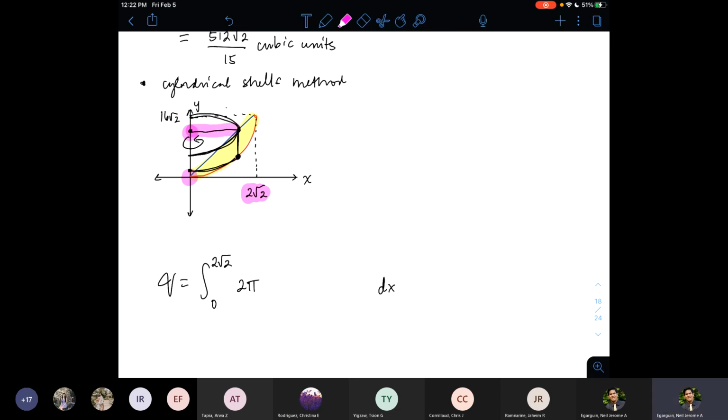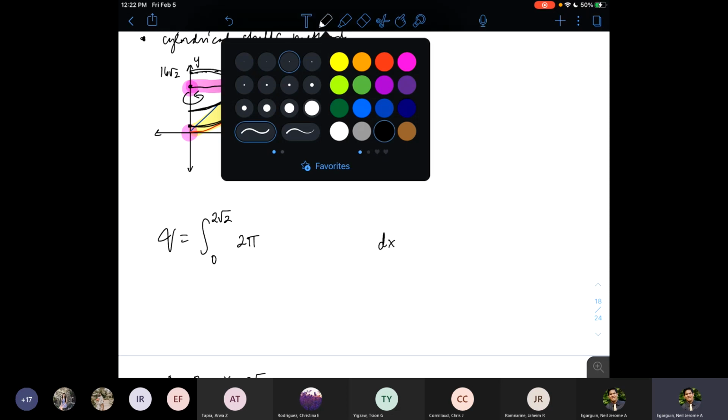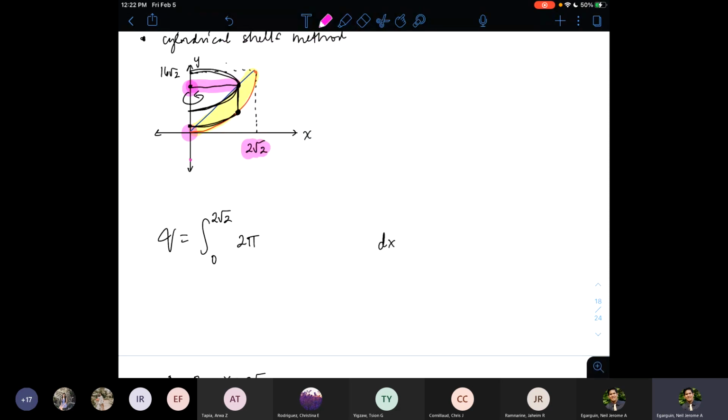Remember the convention that we had: whenever you are measuring something from the y-axis towards the right, that's always x units. Sorry, it's already Friday, sorry about that guys.